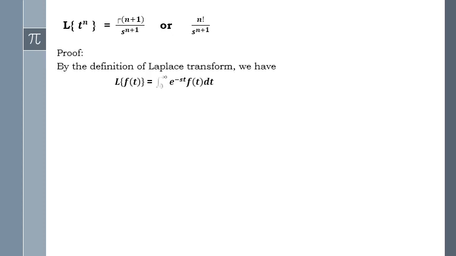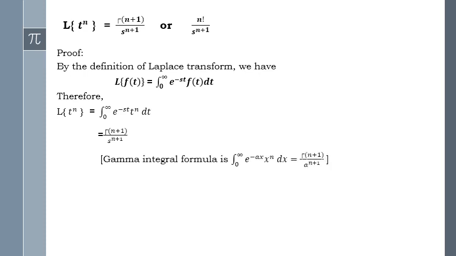Proceed to find the Laplace transform of a polynomial t power n. To prove this, again we are going to use the definition of Laplace transform for our function t power n, which gives integral 0 to infinity e power minus st t power n dt, which is nothing but gamma of n plus 1 by s power n plus 1.